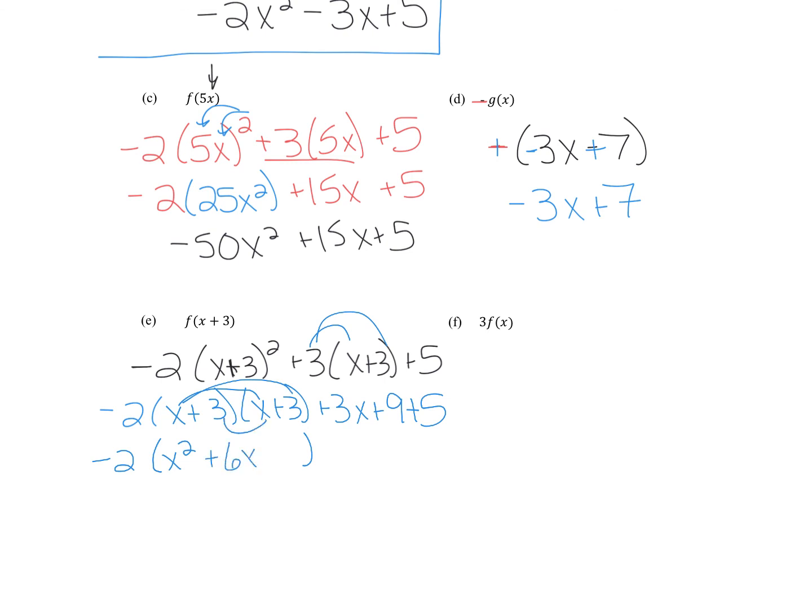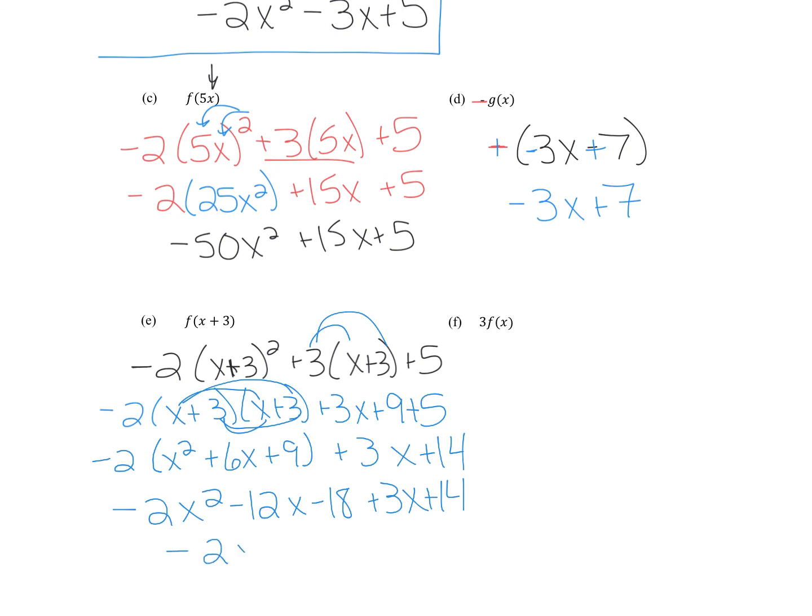So I'm doing two distributions at the same time just so I don't have to write this so many times. And then 3 times 3 is 9. I'm going to combine the 9 and 5 together to get 14. So we have -2x squared minus 12x minus 18 plus 3x plus 14. And then we have one last combining like terms. So that gives me -9x and then -4.